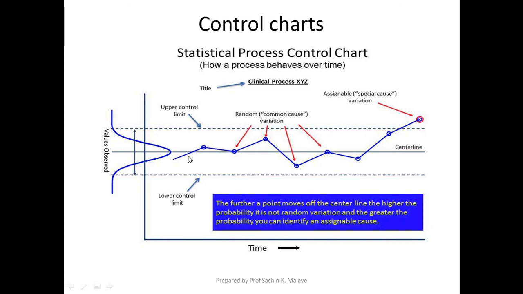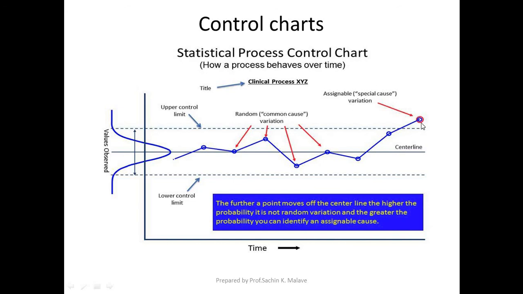If the variation in the process is because of random causes or common causes, you can say that the process is under control. Many times it is observed that whenever the process is under control, whatever variation is there is because of random or common causes only.